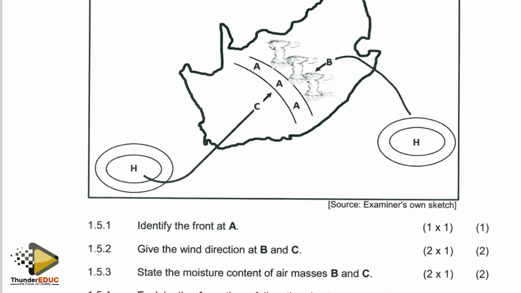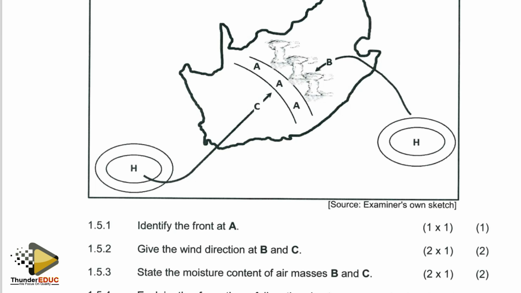And the high pressure cell over the Atlantic Ocean, the South Atlantic, because of its anticyclonic circulation, feeds in cold and dry air. From the South Indian, it feeds warm and moist air. And the existence of a low pressure cell over the interior attracts these two air masses because of the pressure gradient. And they meet along the moisture front.